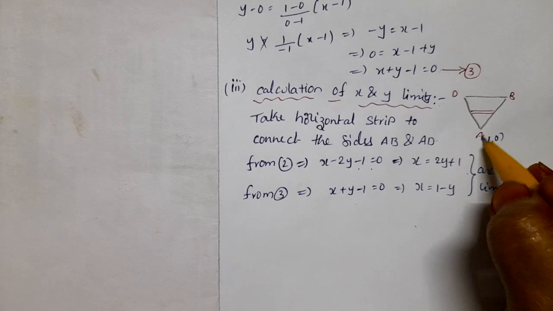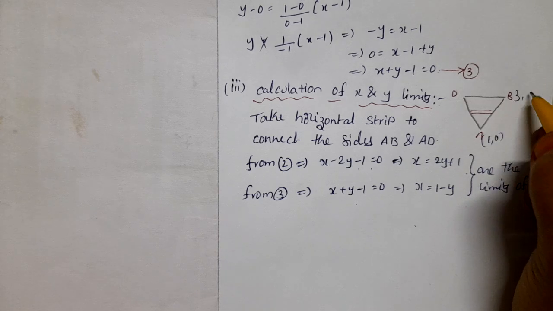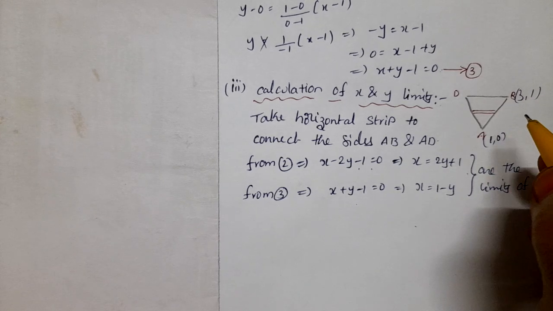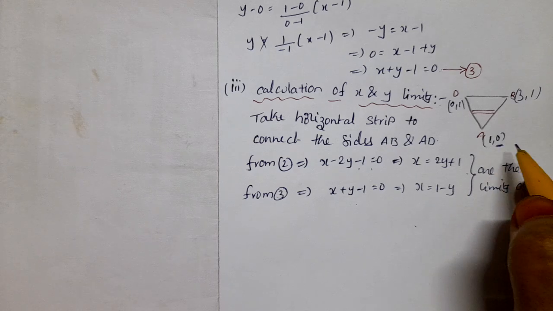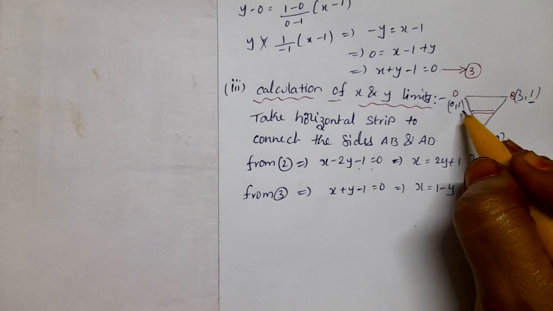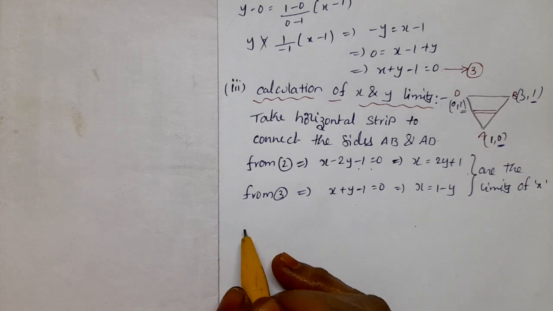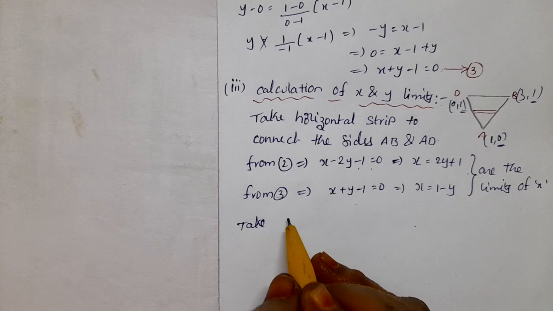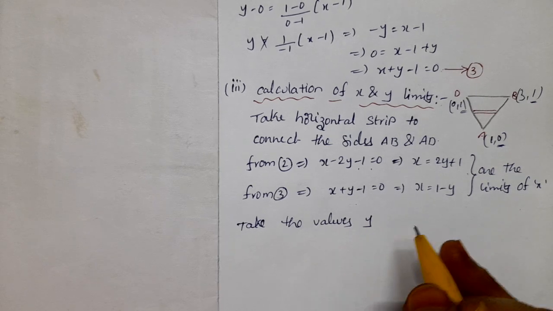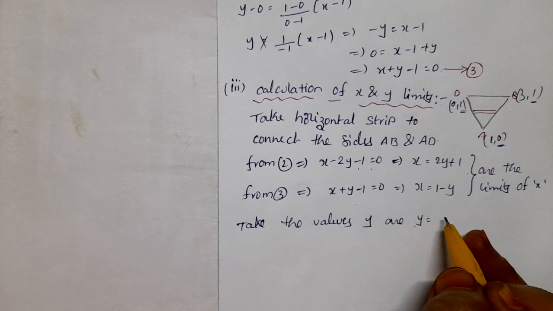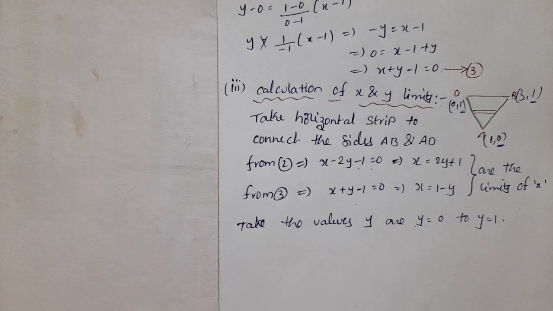A(1, 0), B(3, 1), and D(0, 1). From these three vertices, we can observe the values of y. The values of y are y equals 0 to y equals 1.